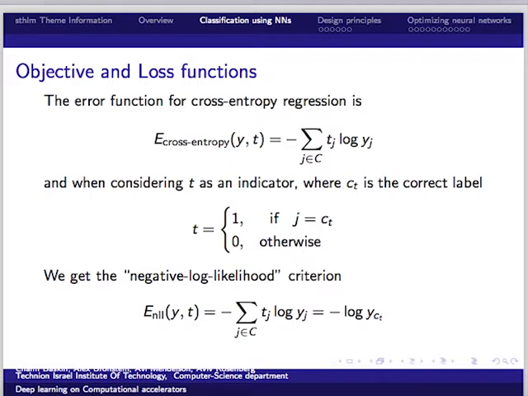If j is equal to ct, it's 1, so we have the correct label. Otherwise, it's 0. So we want to minimize this cross entropy loss. Actually this terminology is called negative log likelihood. So we want to minimize this function.